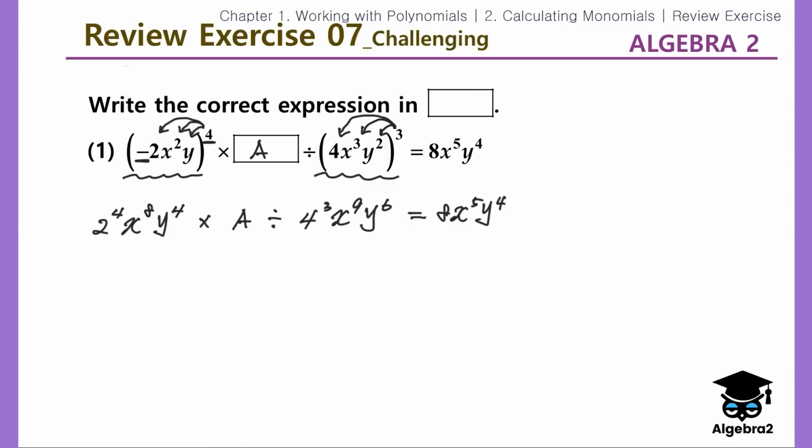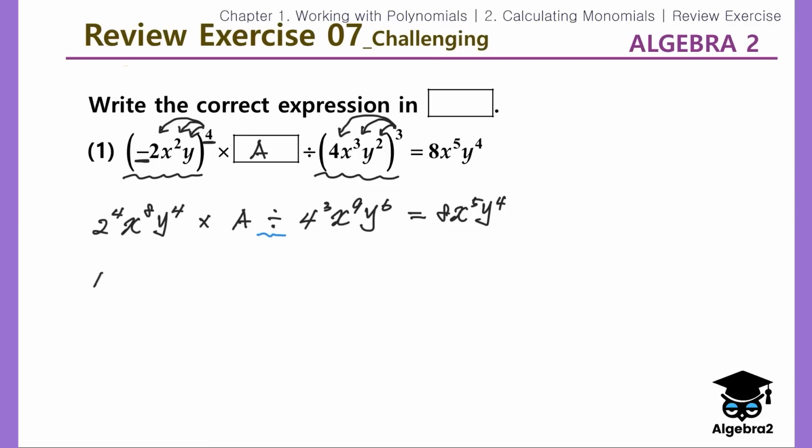Right? Now, what I'm going to do is I'm going to convert this division to multiplication. So, let's write 2 to the 4, that's a 16, right? I'm sorry, I need a black.